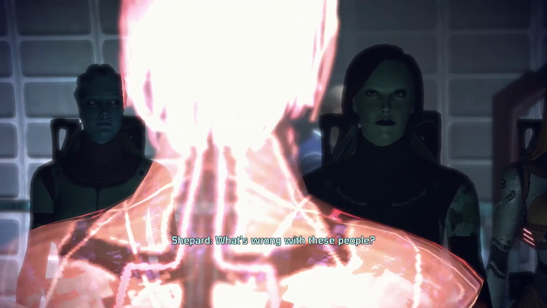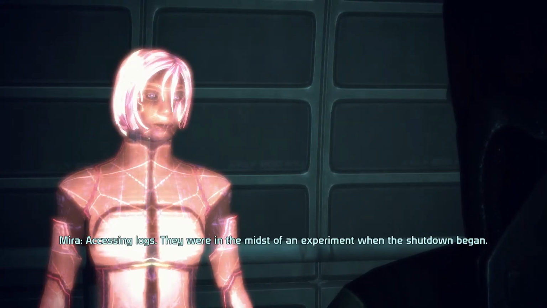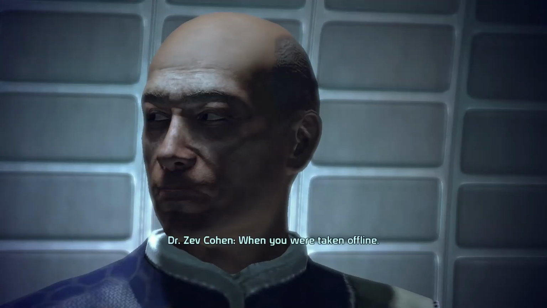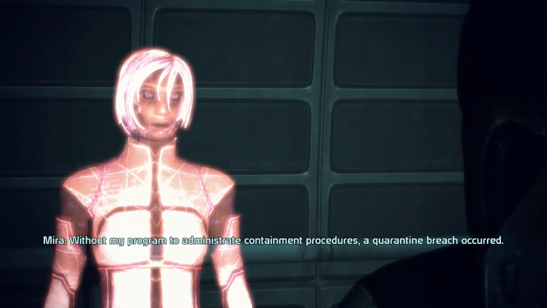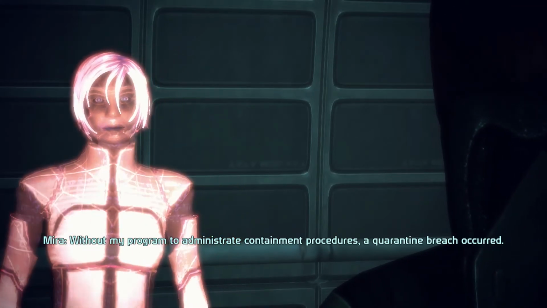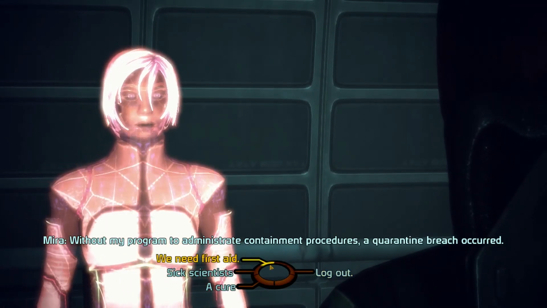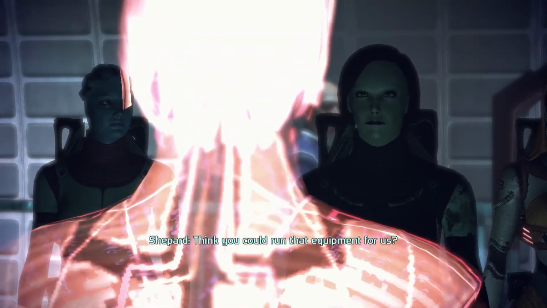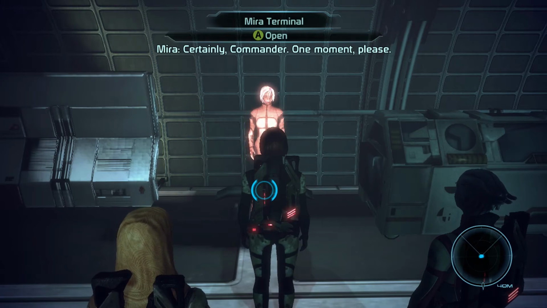What's wrong with these people? Accessing logs. They were in the midst of an experiment when the shutdown began. When you were taken offline. Without my program to administrate containment procedures, a quarantine breach occurred. Think you could run that equipment for us? Certainly, Commander. One moment, please.